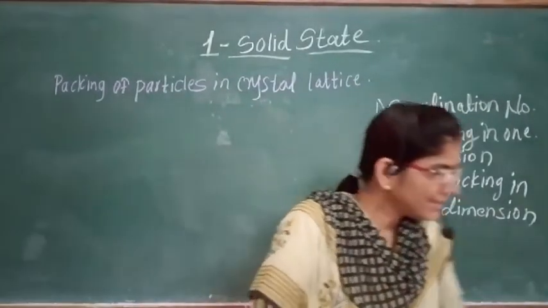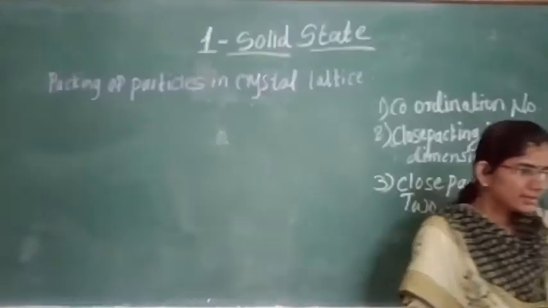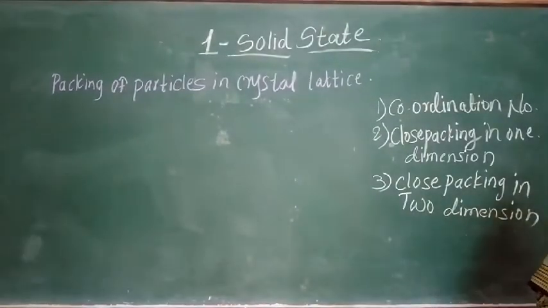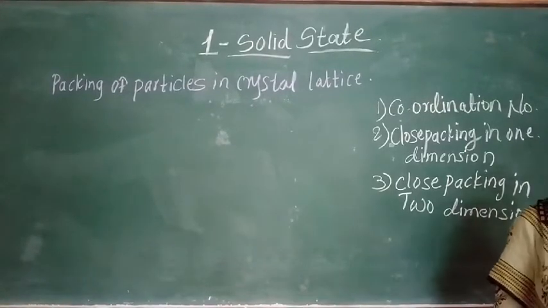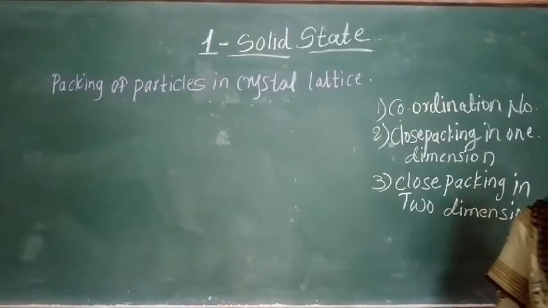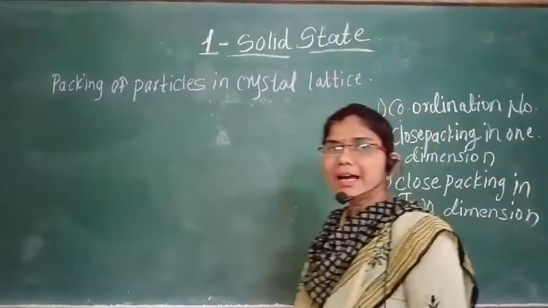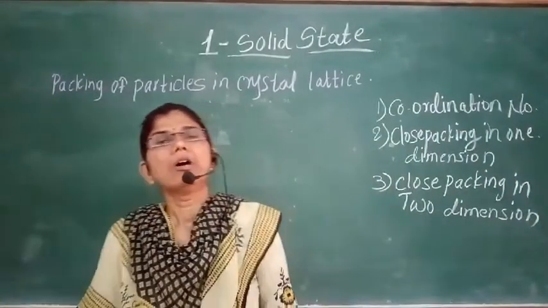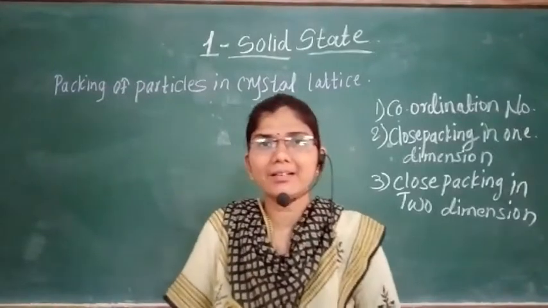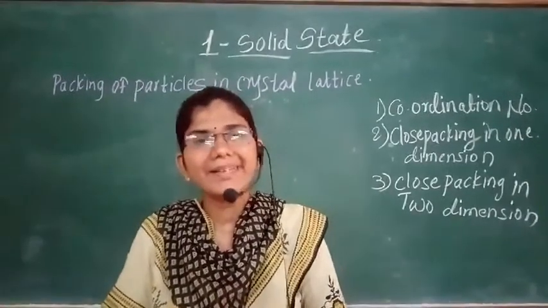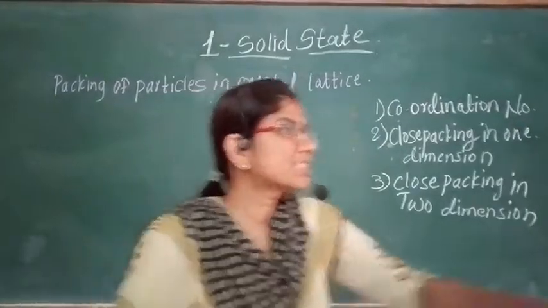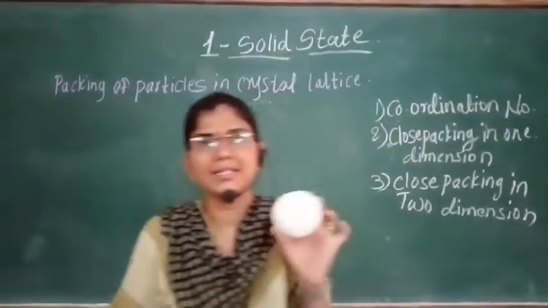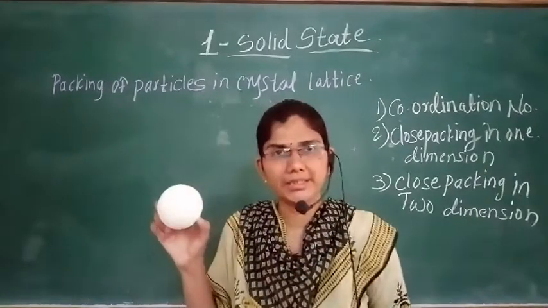In crystalline solids, the constituent particles, meaning atoms, ions or molecules, are closely packed. Therefore, when we describe the close packing of particles, the particles are considered as spheres. Here, this is one of the spheres.